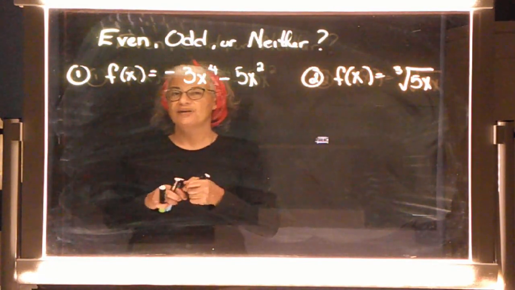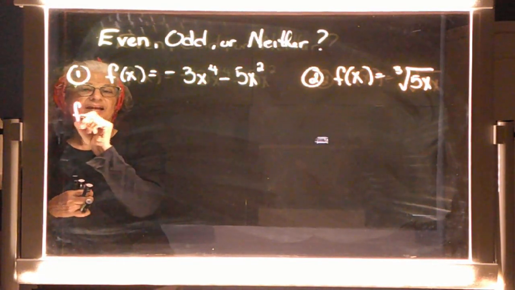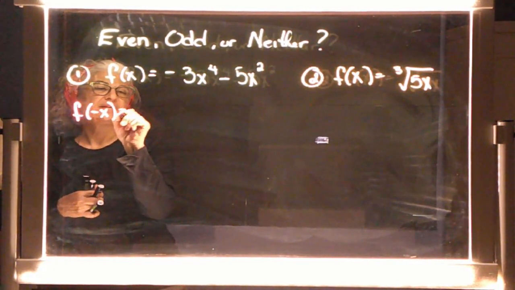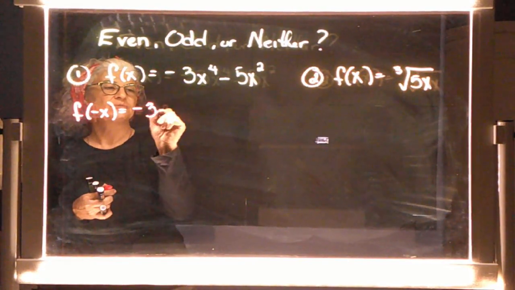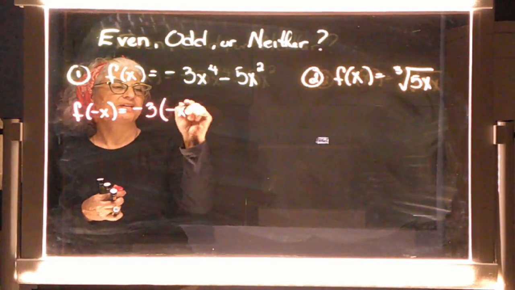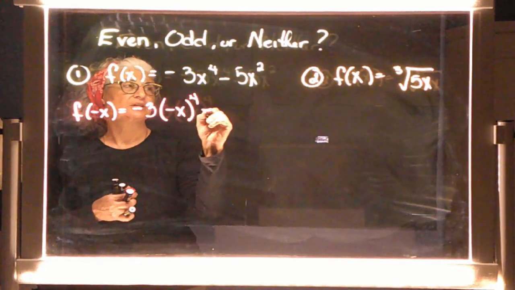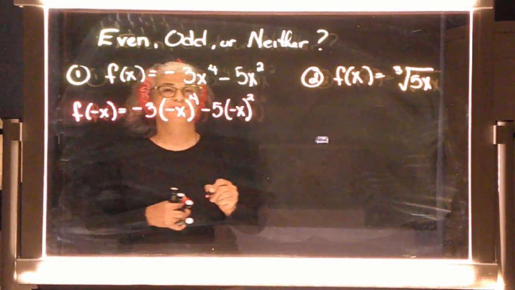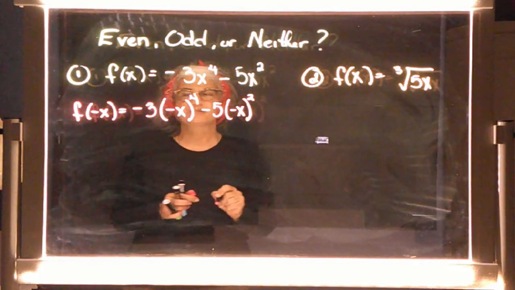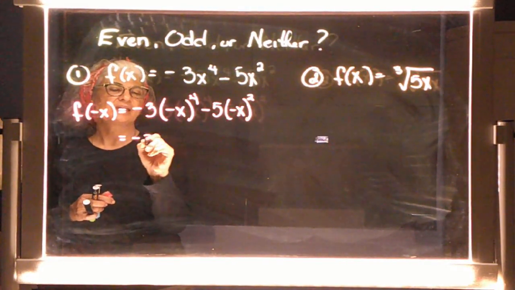Okay, so that means I'm going to take f of negative x, and I'm going to plug it into this first function, which means I get a negative 3 times the quantity of negative x to the power of 4 minus 5 times negative x to the power of 2. All right, so let's simplify and see what we get. So answer me this.